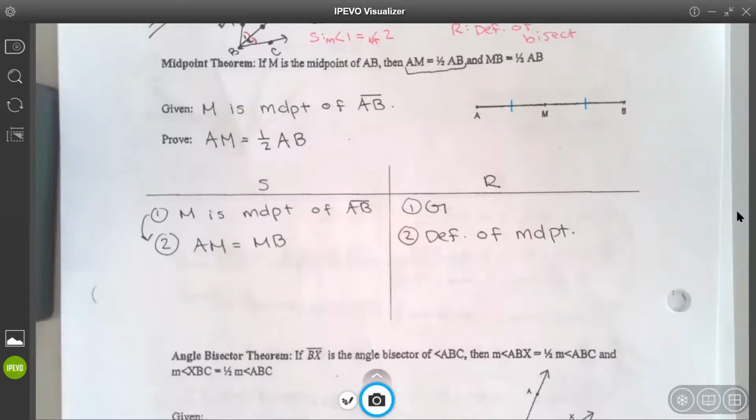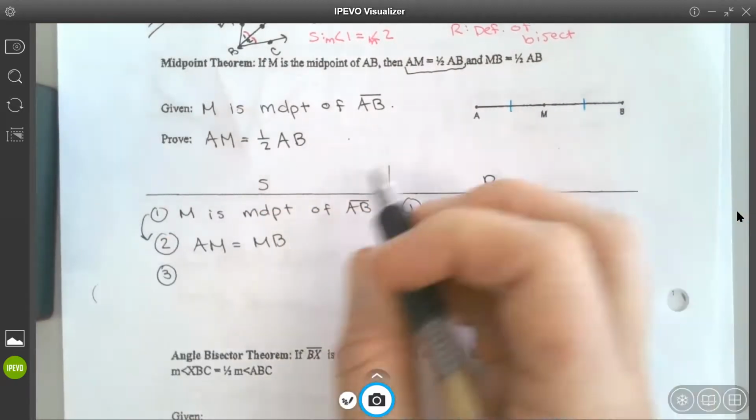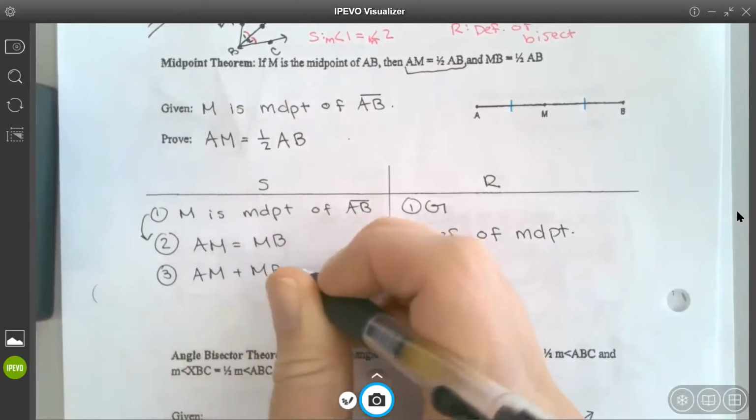That is a segment broken into 2 parts. So what else do we know? You also know that AM plus MB equals AB. That's again why I call it a look for. I look at my diagram and I see that I have parts of a segment making a big segment. So maybe I need to use segment addition.